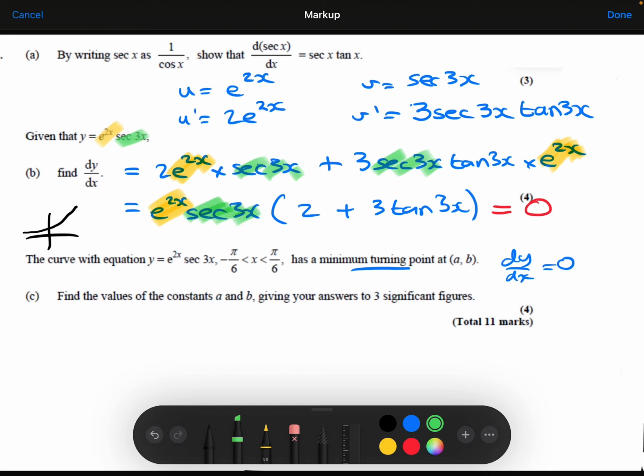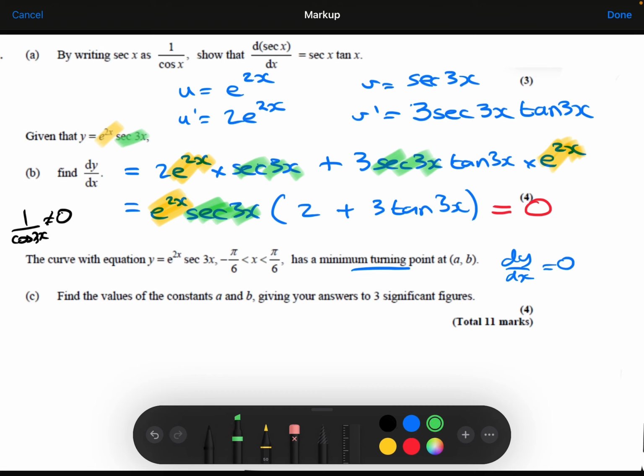Could that equal 0? Well, remember that sec is the same thing as 1 over cos. And 1 divided by anything, that can never be 0. There's no value that I can divide 1 by that I'll get 0. So that can never equal 0.